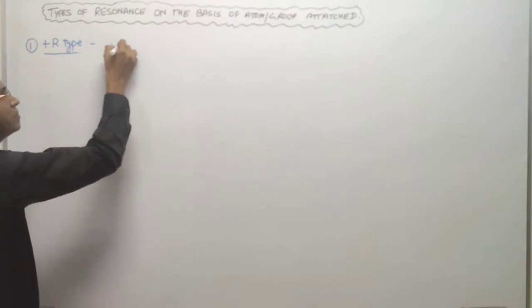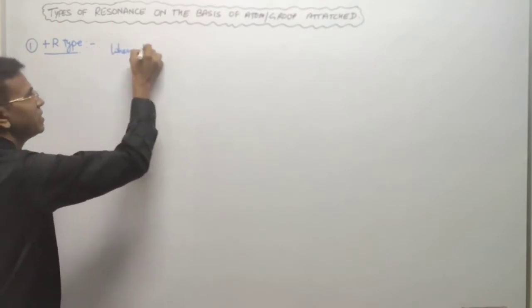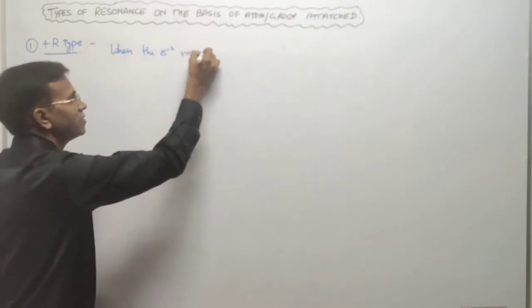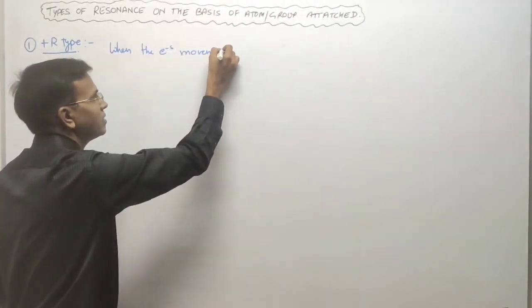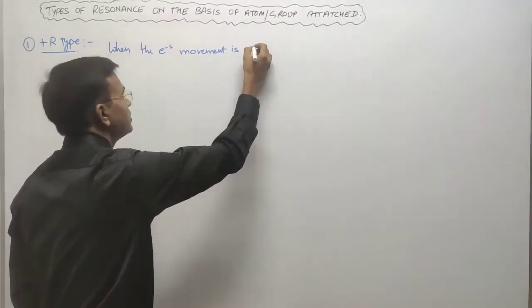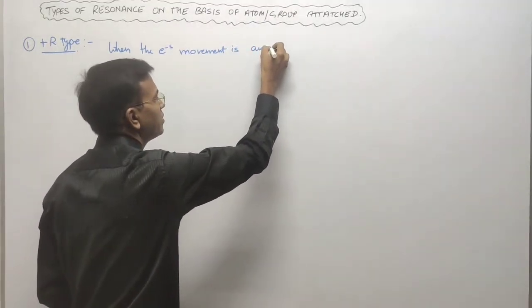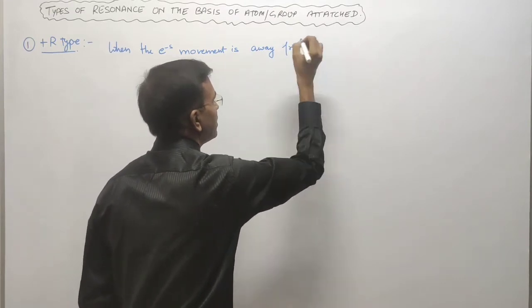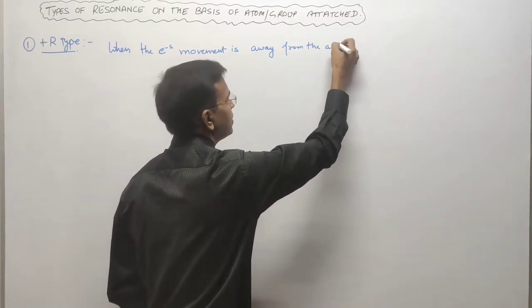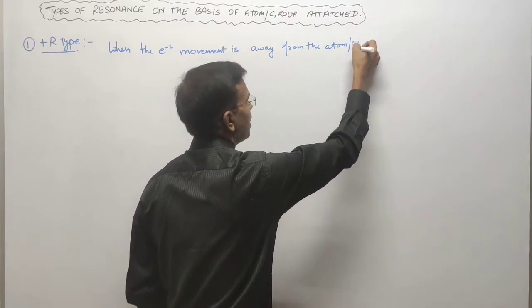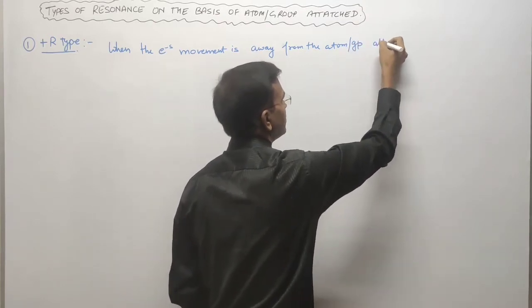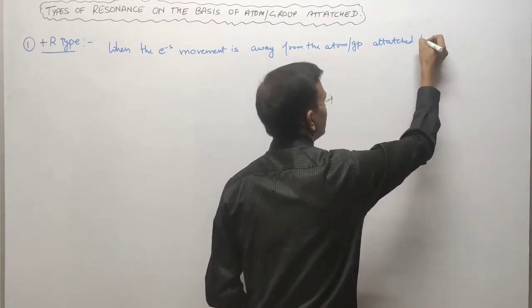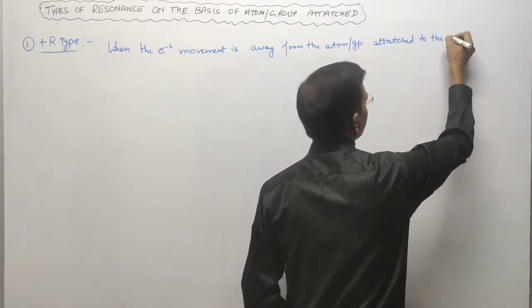When the electron movement is away from the atom or group attached to the conjugated system.